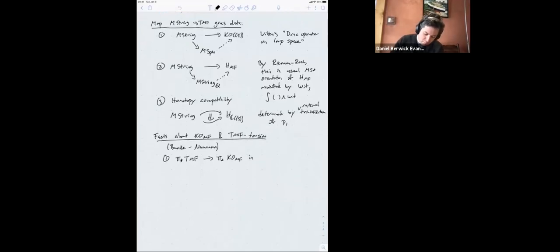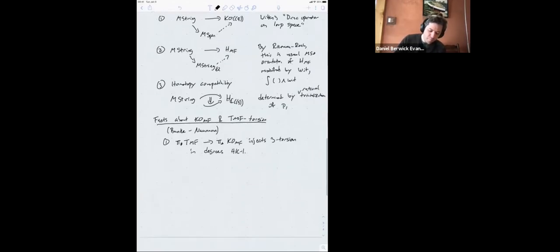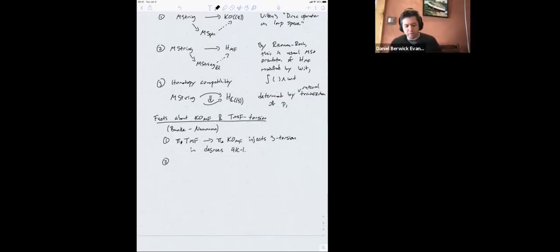in degrees 4k minus 1. So the point is that, at least for some torsion in some degrees, KOMF is actually a pretty good approximation.